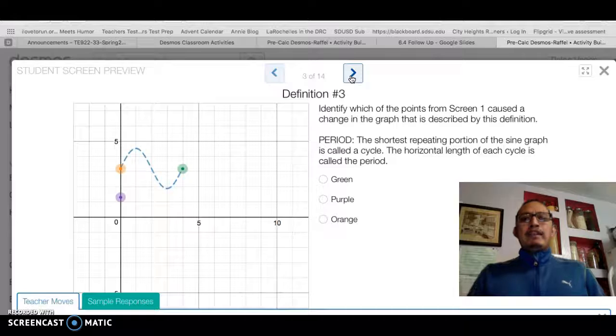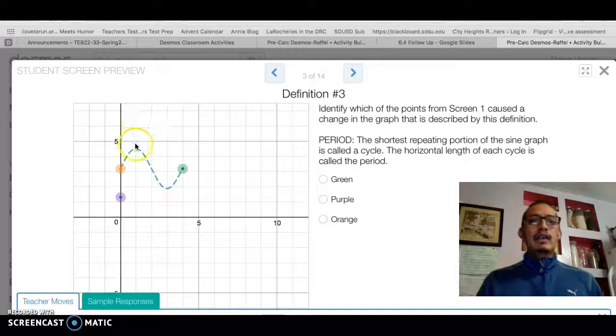Period: the shortest repeating portion of the sine graph is called a period. So recall back when you were doing the intervals, when does it start repeating again? So you see, this is my starting point. My graph is going, everything looks different as of now.